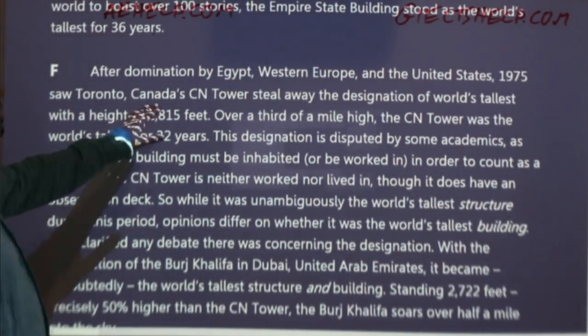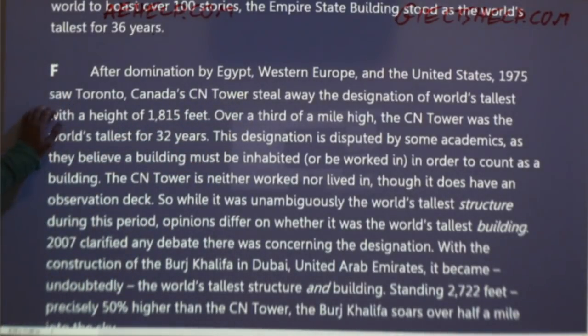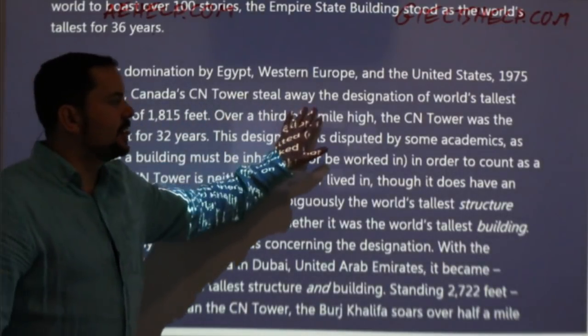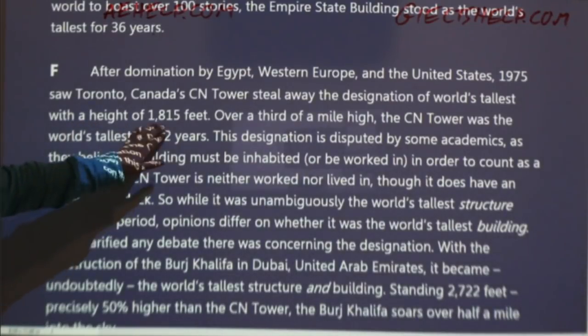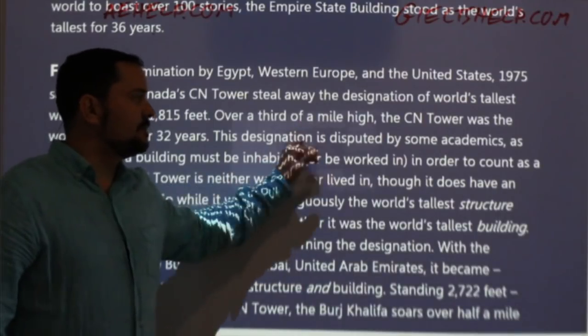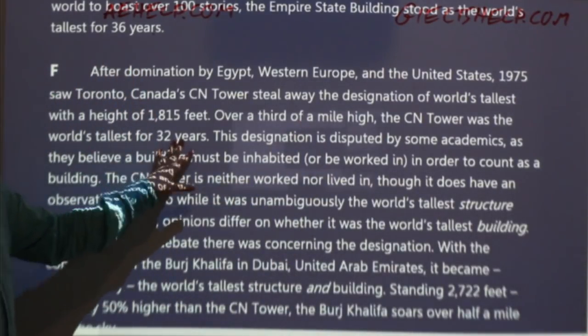After domination by Egypt, Western Europe, and the United States, 1975 saw Toronto, Canada's CN Tower, steal away the designation of world's tallest with a height of 1,815 feet. Over a third of a mile high, the CN Tower was the world's tallest for 32 years.